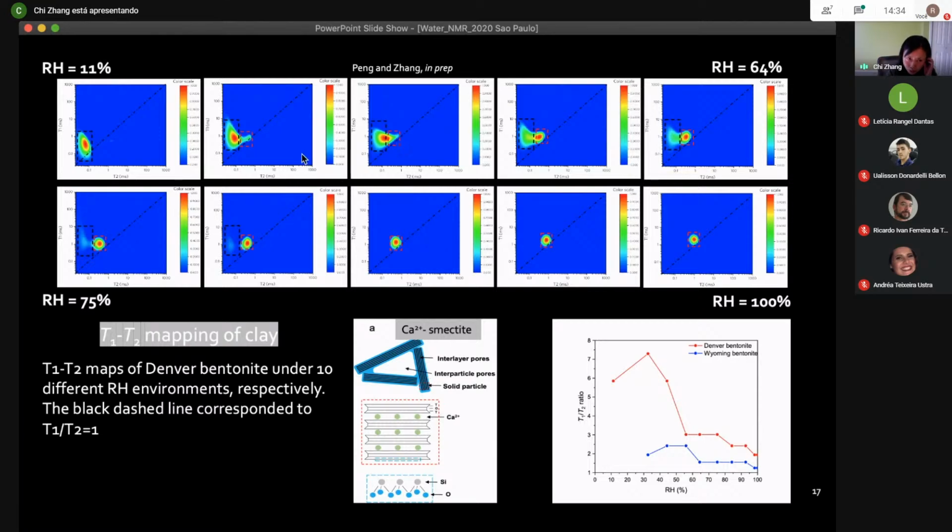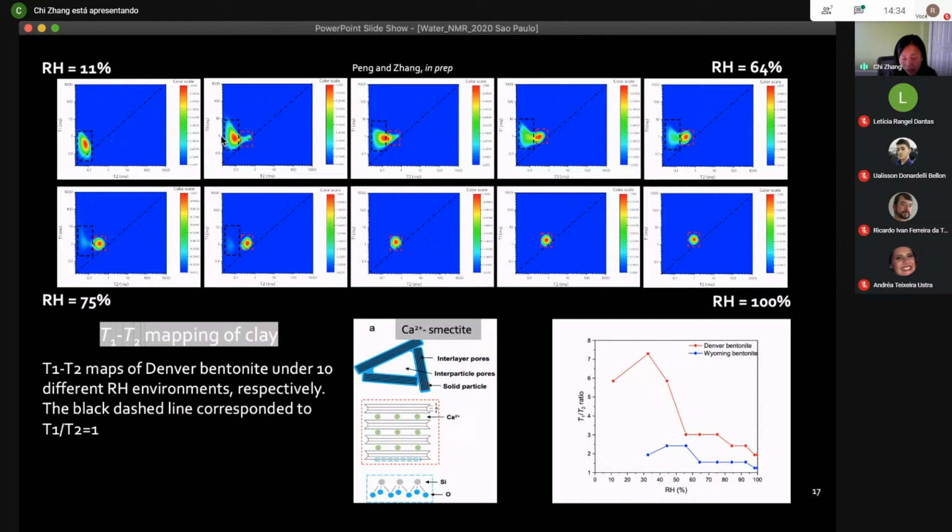However, these red spots, as the red rectangle highlights here, we argue indicate that water has been adsorbed in the interparticle pores, and this is our illustration showing that.